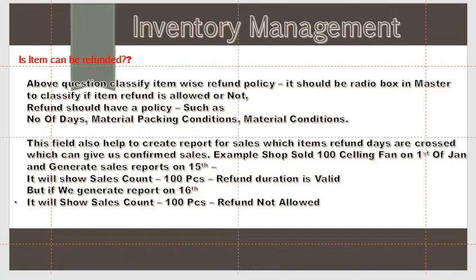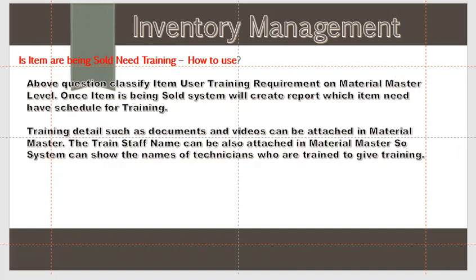But after the 15th, this sale will be treated as final, and the sale cannot be refunded. So it can also help to estimate, if a refund request comes, what the quantity of refund will be, and what quantity has been sold that cannot be refunded, which is the confirmed sold quantity.